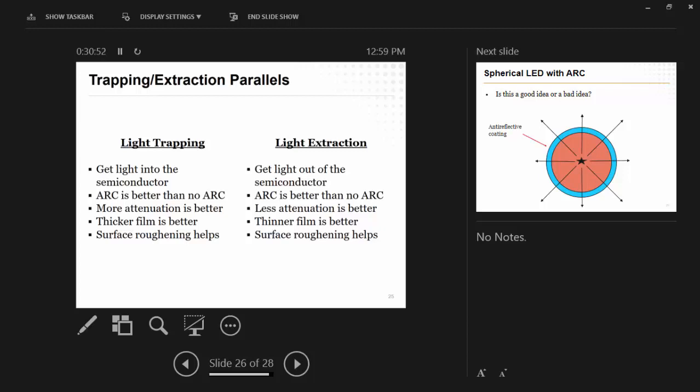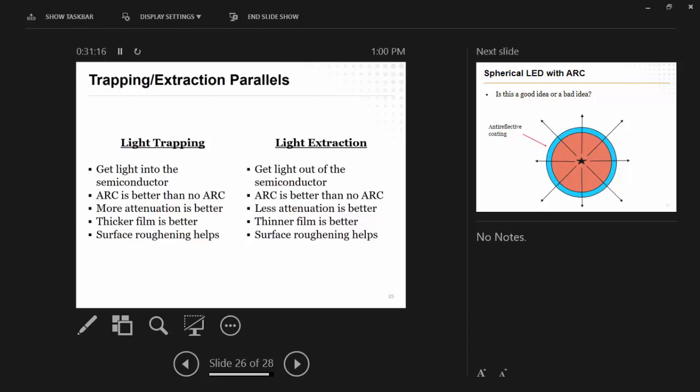We want to facilitate transmission through that barrier either way. With light trapping, we found attenuation is our friend. We want high attenuation coefficients so that all those photons get trapped inside our material. Whereas in the light extraction case, attenuation is our enemy. We want as little attenuation coefficient as we can possibly get. So it's interesting.